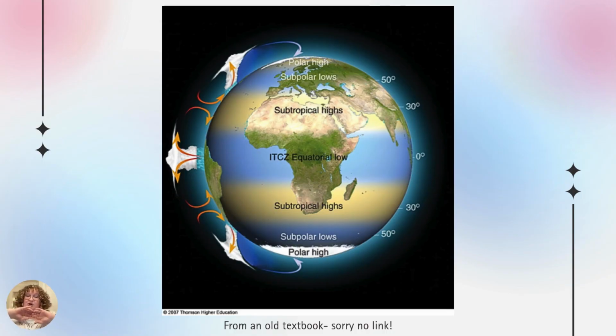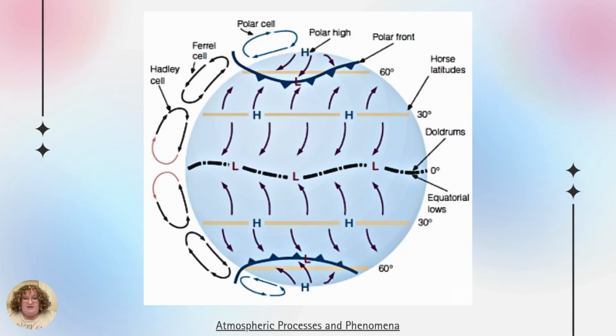And then as you go into the subtropical high area, you're getting higher pressure because there's air being forced down onto the surface. And so what it looks like is this. We have low pressure at the equator, high pressure at 30 degrees north and south, and then low pressure again at 60 degrees north and south, and then high pressure at the poles.